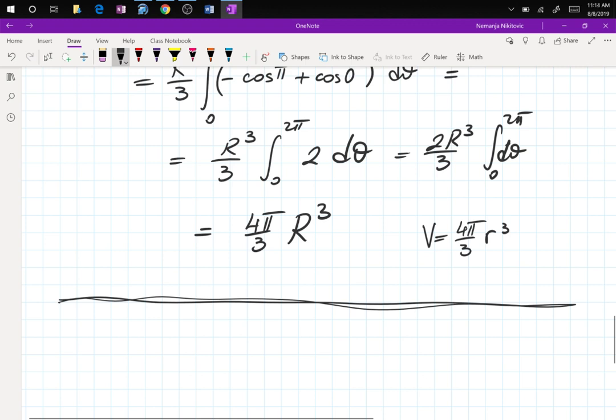So by now, you should be used to having terrible equations if you are using a coordinate system that is not appropriate for the shape that you're looking at.